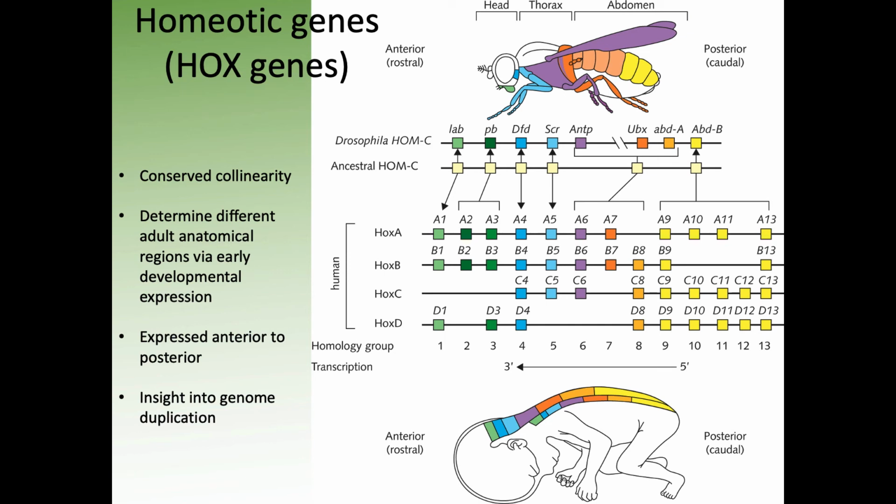In flies, things that are more towards the head and the upper torso are expressed in this pattern, and they're structured where they're expressed anterior to posterior, and they're organized in this way as well, where we express the green ones here first and then move down the process.